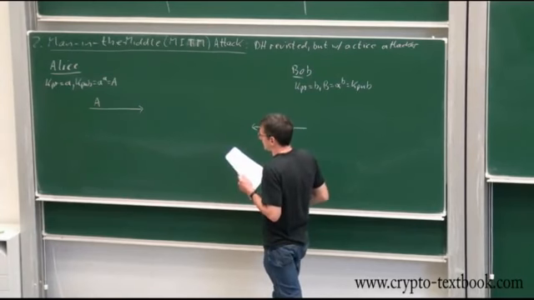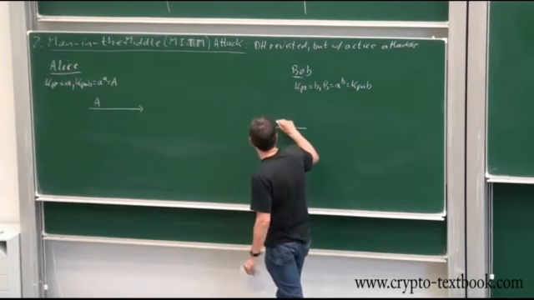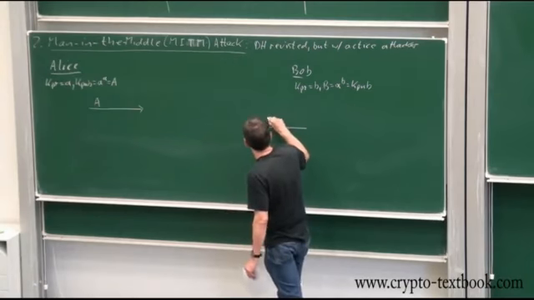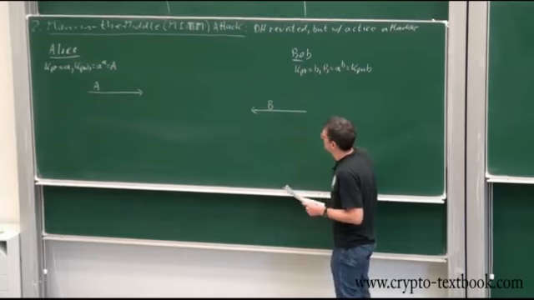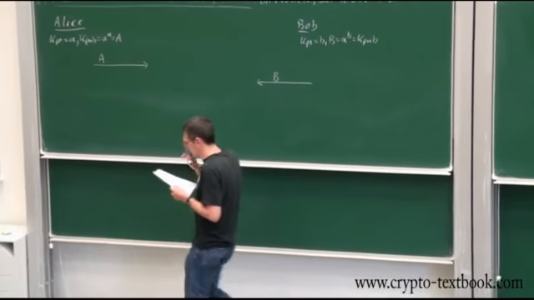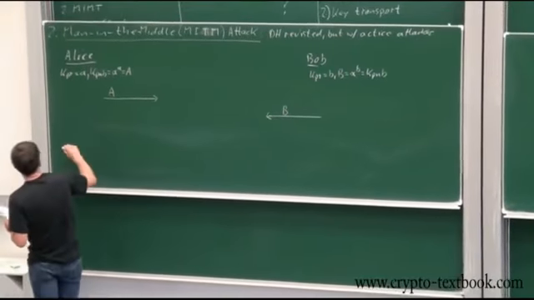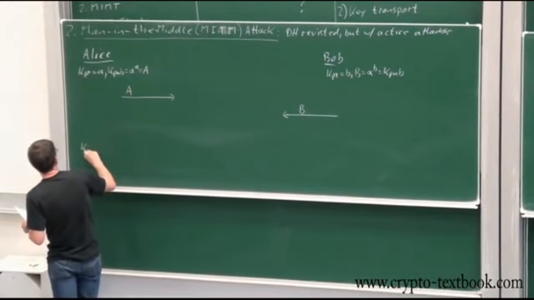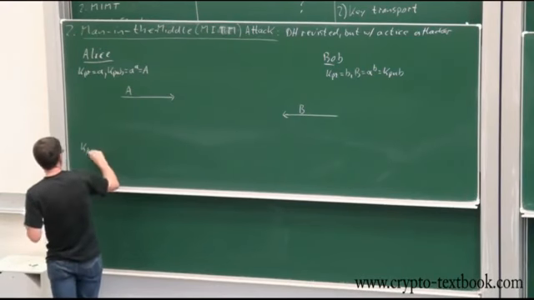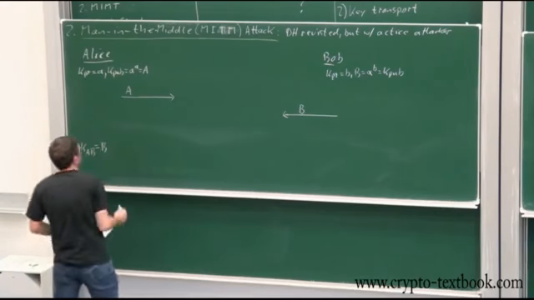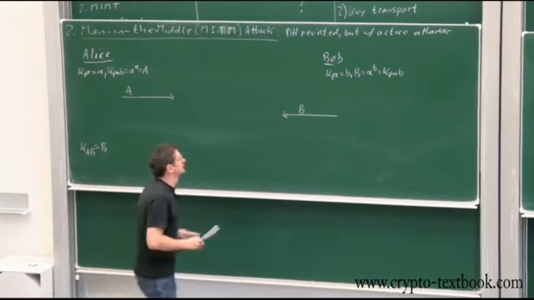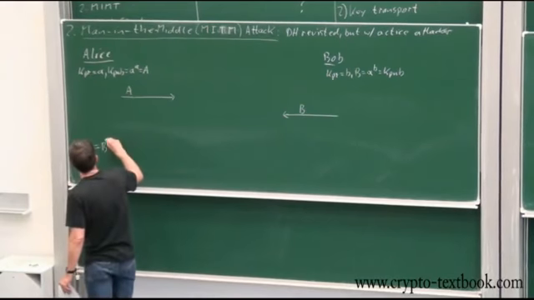Bob is sending over B. And then upon reception, Alice computes K, let's call that K_AB, which is: she takes Bob's public key and raises this to her private key power.